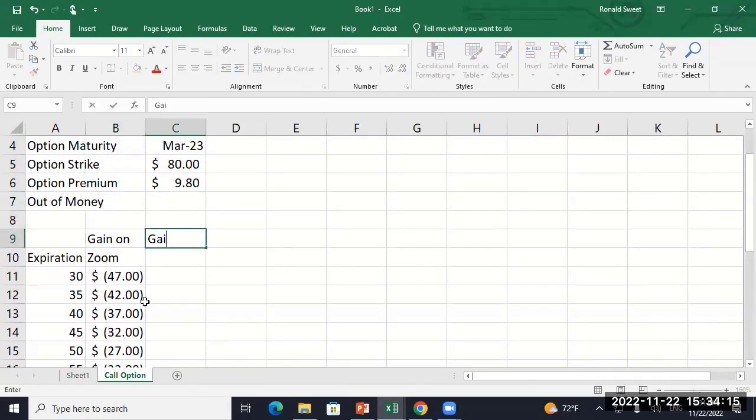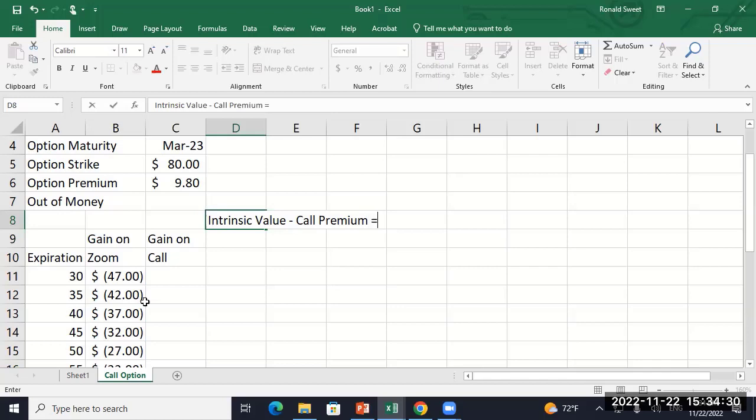Now let's do the gain on the call. Remember, here we're talking about the intrinsic value minus the call premium. Remember, the intrinsic value is a max. Is it S minus X or X minus S for the call?